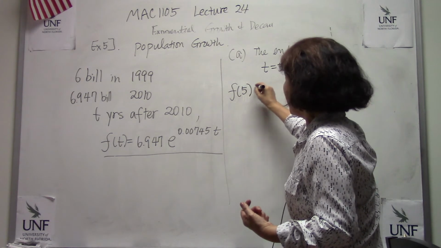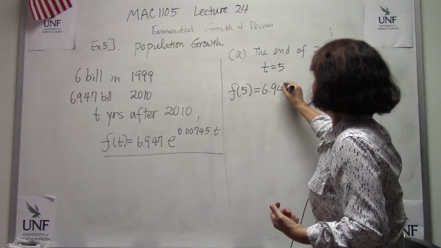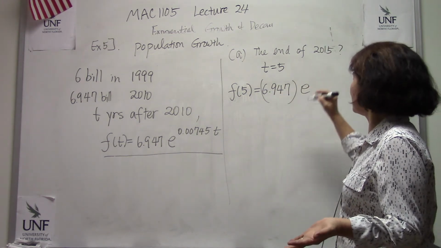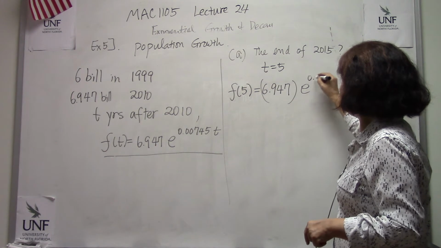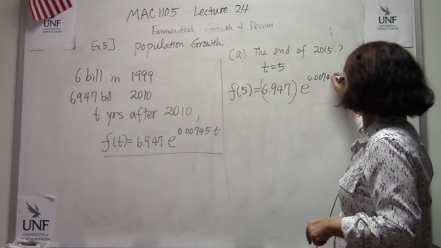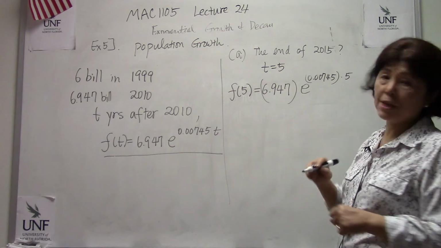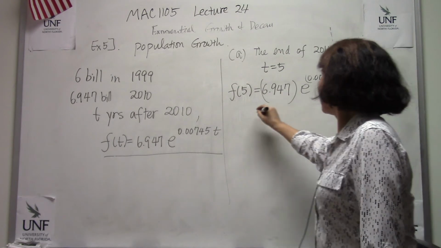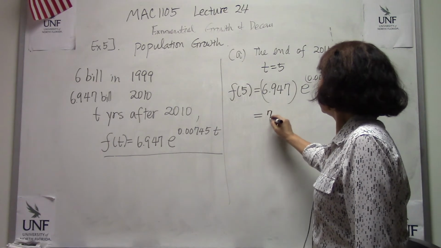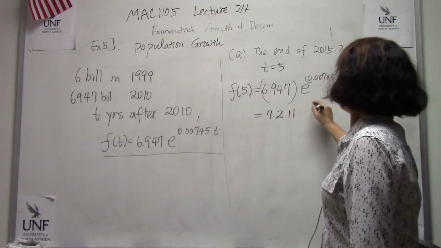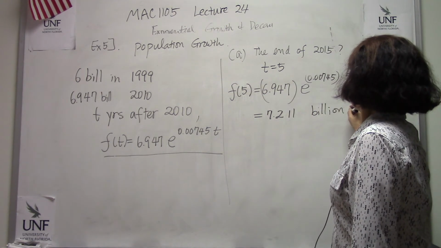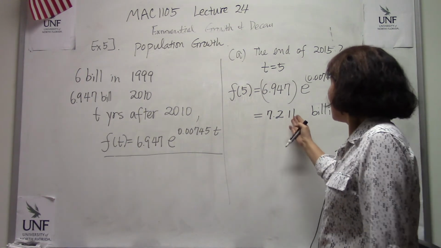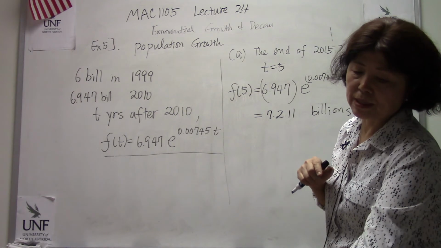So f of 5 equals 6.947 times, when I see a lot of decimals, I use parentheses for everything, 0.00745 times 5 over here. Put it in a calculator and that gives you 7.211 billion. So this is what we can get with this model.